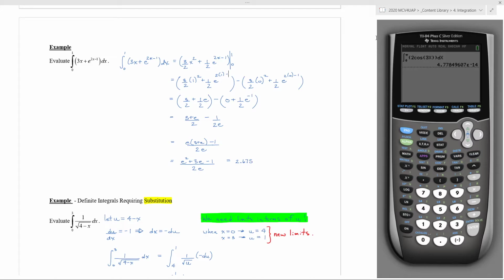You can verify that using the definite integral function on your calculator. It is indeed the same thing, 2.675. Any questions on those first three examples? Again, notice I didn't put the c in there when I was finding the antiderivative.